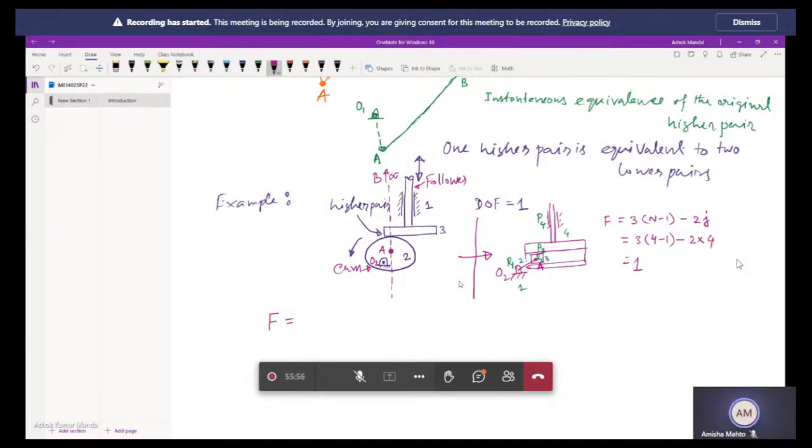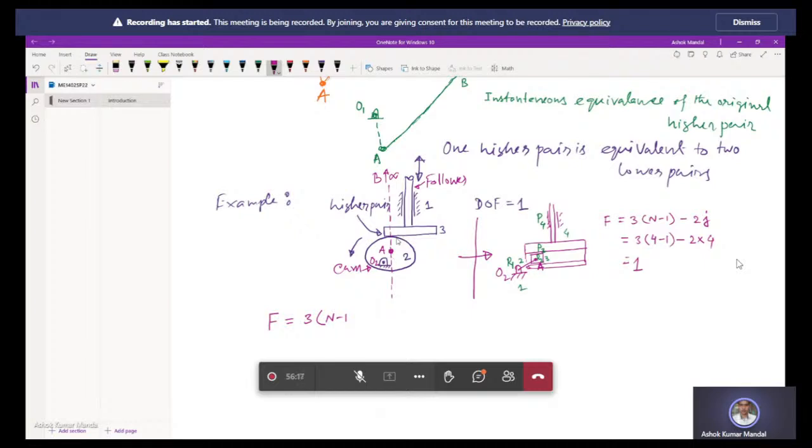If we write it like this, 3 into n minus 1. Another thing: if you compare this mechanism and this one, what is the difference?